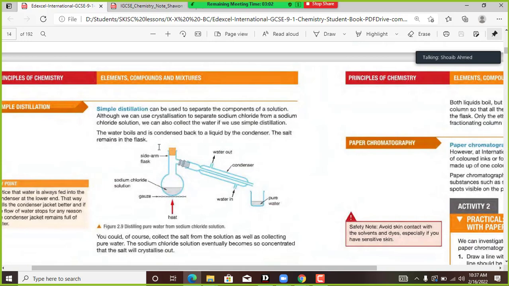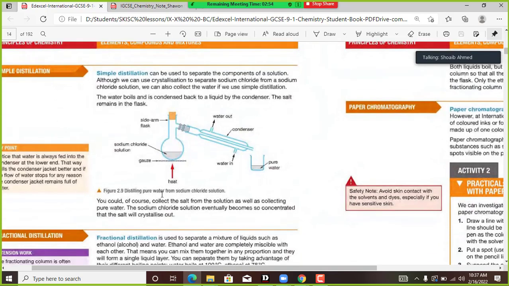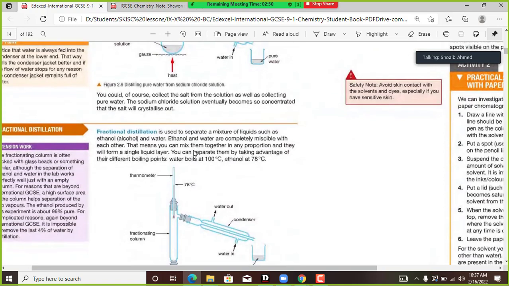The water boils and condenses back to a liquid in the condenser. The salt remains in the flask. Pure water and sodium chloride can be separated by simple distillation.